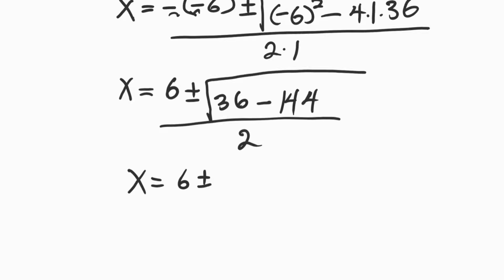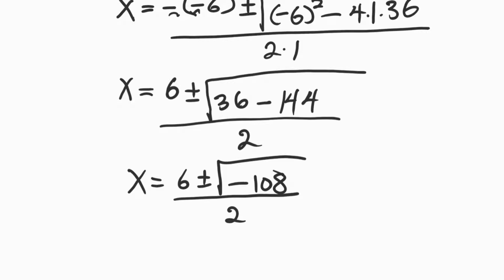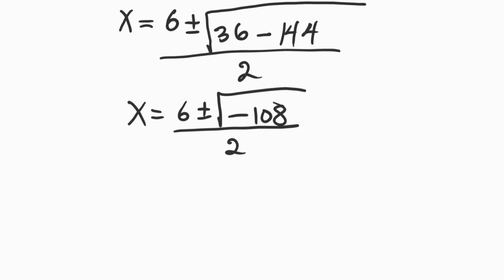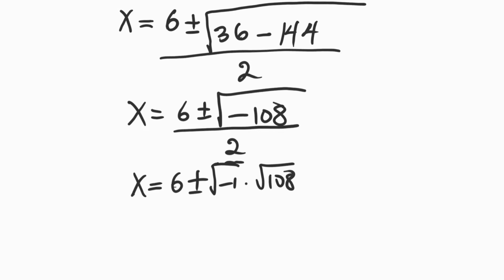So here we have the root of minus 108 divided by 2. So how can we rewrite 108 such that we can break it down into a smaller form? We're going to do that in just a second. This is the same thing as root of minus 1 times the root of 108, divided by 2.